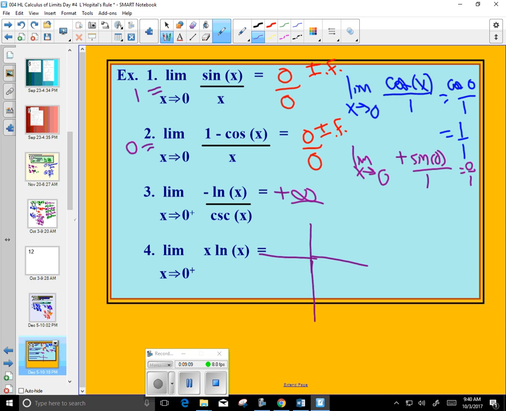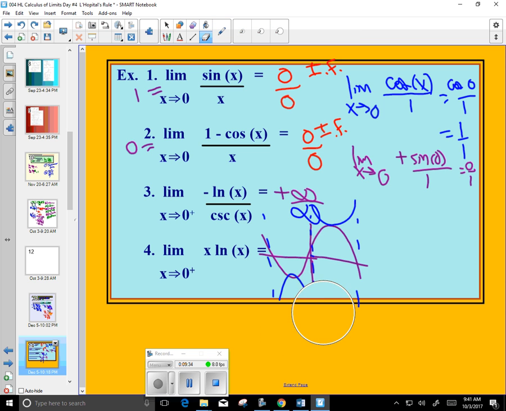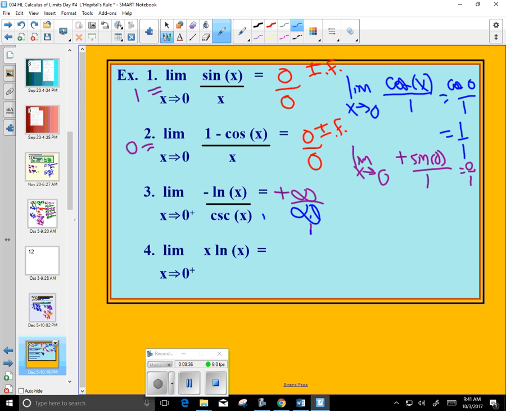Cosecant is 1 over sine, which is 1 over 0, undefined. So as you approach this from the plus side, this is going to be positive infinity, right? Don't worry about that, but this will just be infinity over infinity. Is that an indeterminate form? It is. It is an indeterminate form.